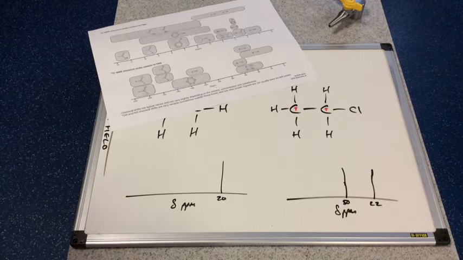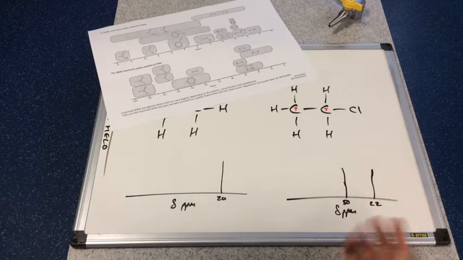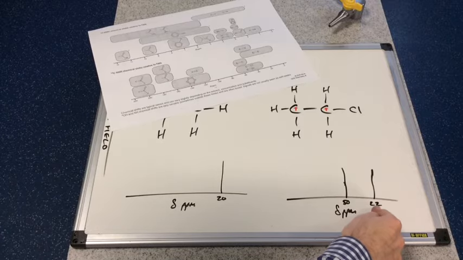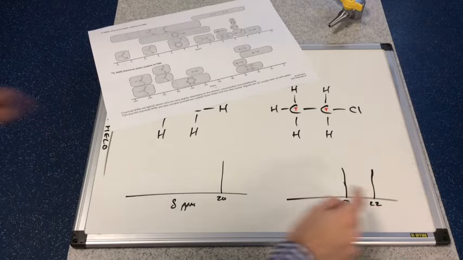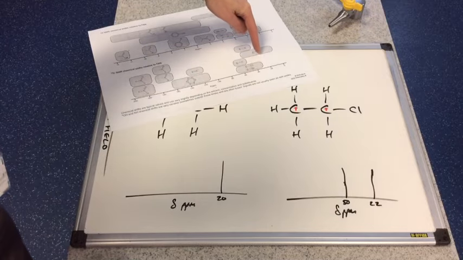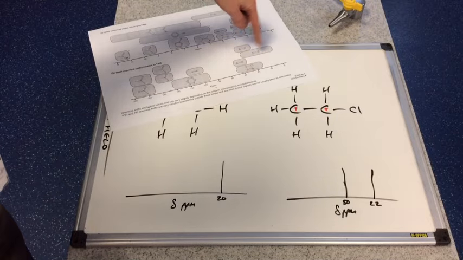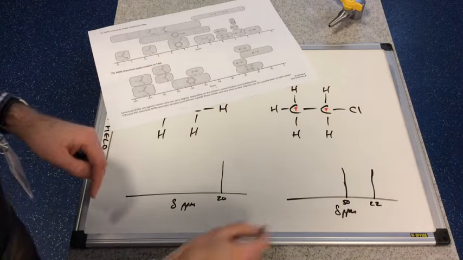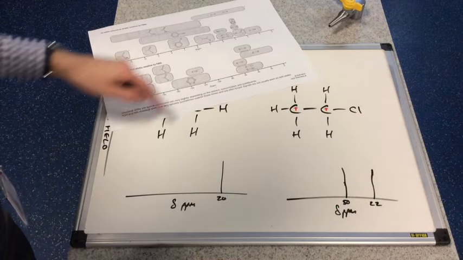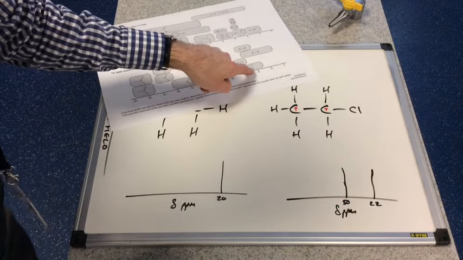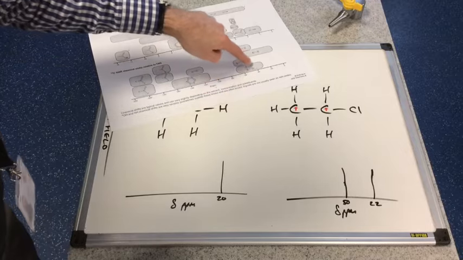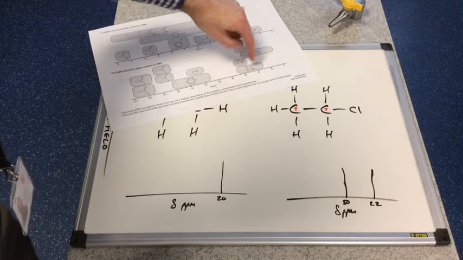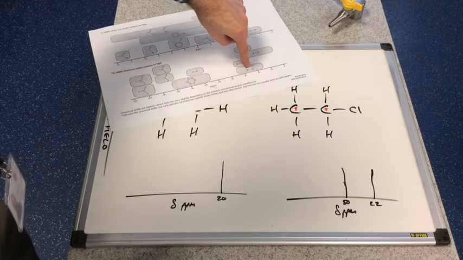So you can see there I've sketched the 2 peaks, and I've just made up some shift values. 22, so that would correspond to this environment here, the carbon to carbon environment, so that's this carbon here, and the 50 ppm, so we'll find 50, it's bang in the middle of this shaded area here, which corresponds to the carbon-chlorine environment.